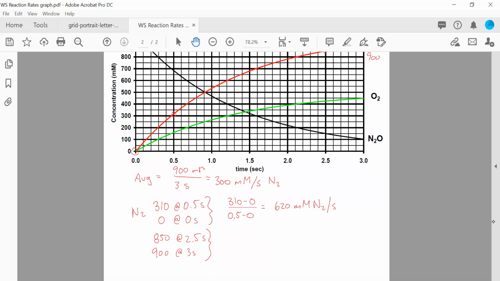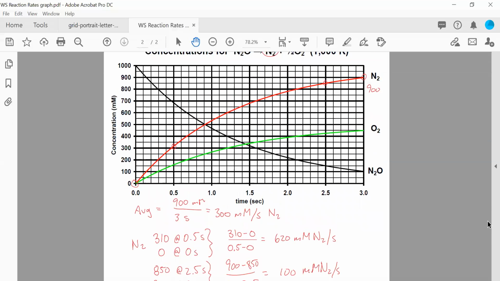Again, for N2, our rise is 900 minus 850 over 3 minus 2.5, or 100 millimolar of N2 per second. Okay, a much slower rate over the last half second than it was over the first half second.